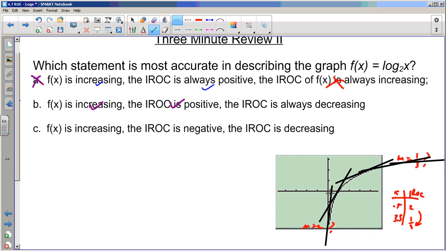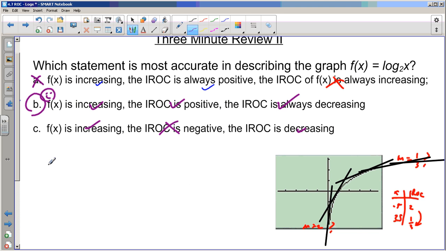Bigger, smaller, smaller, smaller, smaller. This is true. This is not true. The IROC isn't negative. It's always positive. The slope is always positive, but it is decreasing. So B is the correct answer.